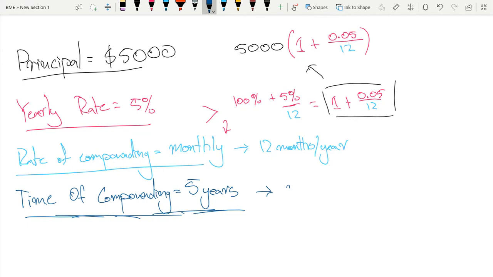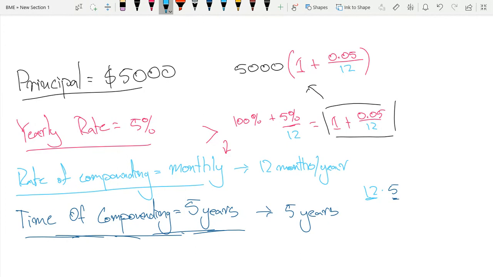But anyways, if there are 12 months per year and we're compounding for 5 years, we have 12 times 5 as the number of times that we're compounding, which is just our rate of compounding, 12, times the number of years that we're compounding. So this is 12 times 5. Let me just write it as 12 times 5 over here, just so that you can get a better idea when we do our formula.